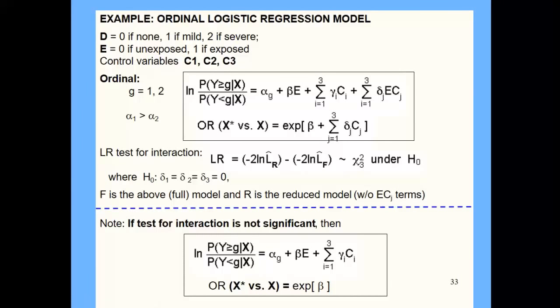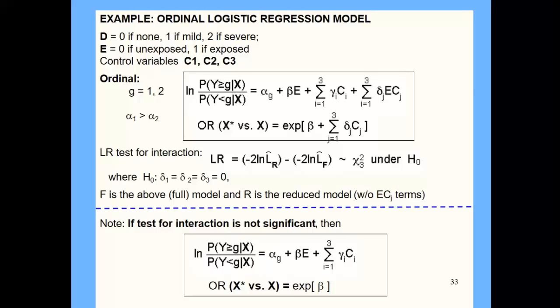And the log odds is the log of P of Y greater than or equal to G given X divided by P of Y less than G given X. And this would be the expression for it if you were going to look at the effect of exposure, controlling for the C's as potential confounders and controlling for the C's as potential effect modifiers.